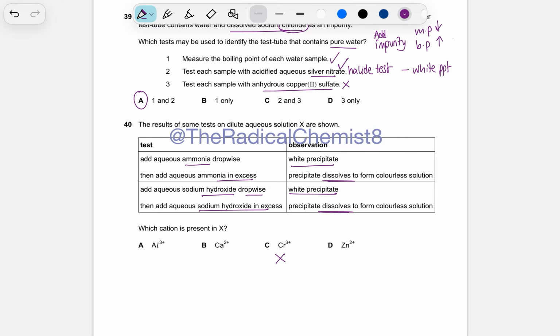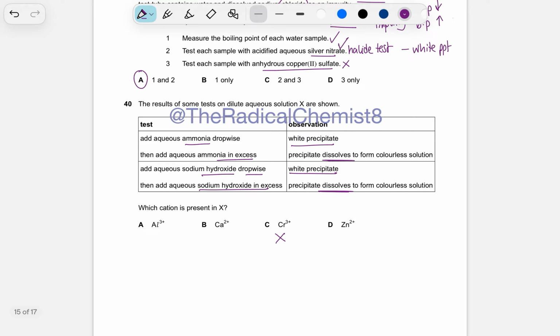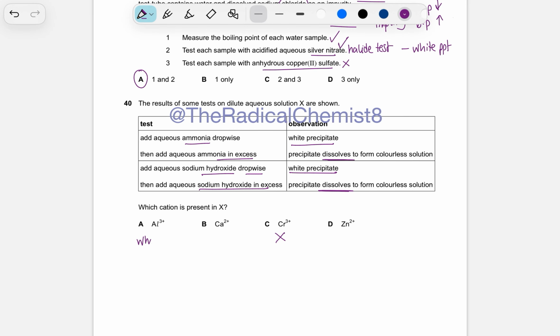So I have some tricks to remember this then. So the remaining 3 cations all give white precipitate. And then I remember that zinc, the Z is like a funny looking S. So this one is soluble in excess in both ammonia and sodium hydroxide.